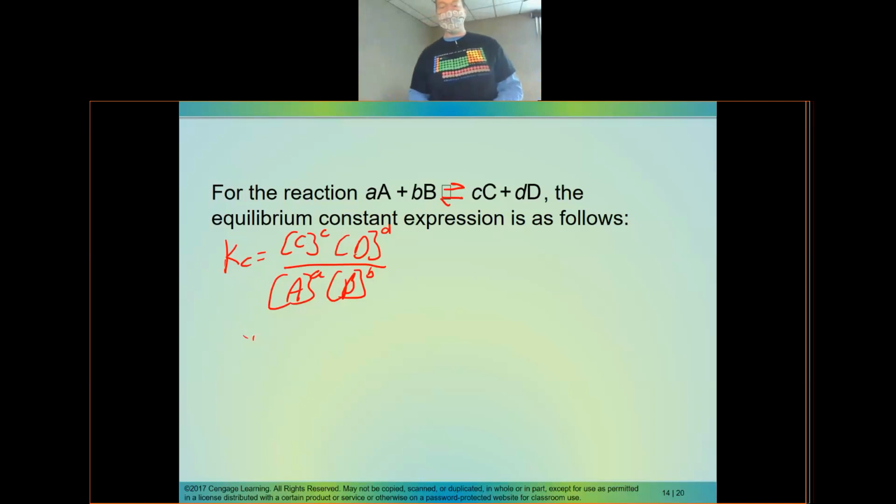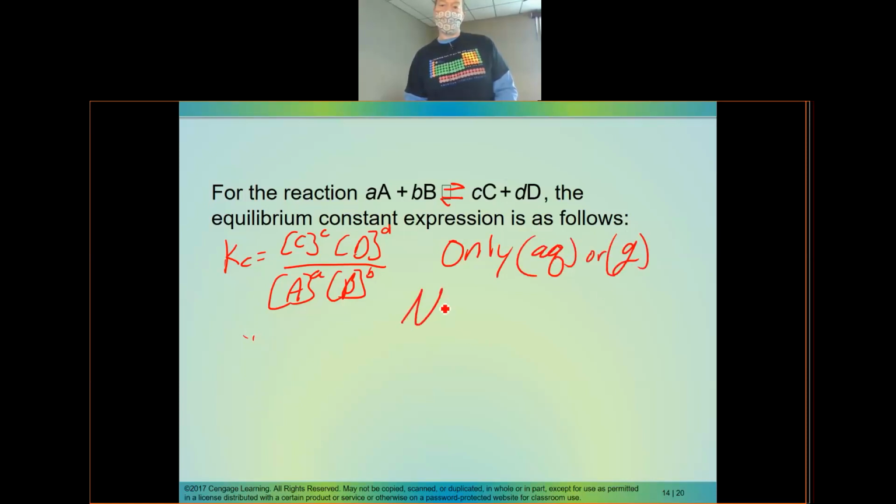Now note, here they're not putting any sort of phase. All right, so your Kc only includes species if they are aqueous or gas. Never a liquid or solid.